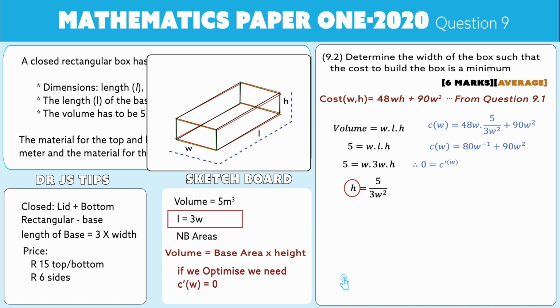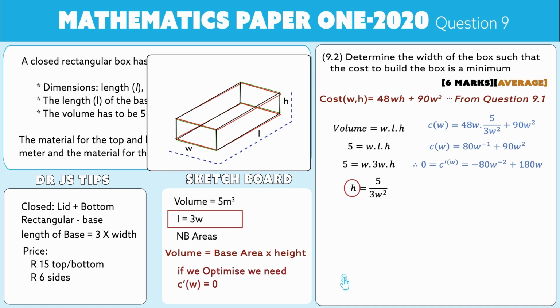So our derivative with respect to W will be minus 80 W, remember, to the power -2. That power reduces by 1, plus 180 W. And that is what we have to solve, equal to 0.